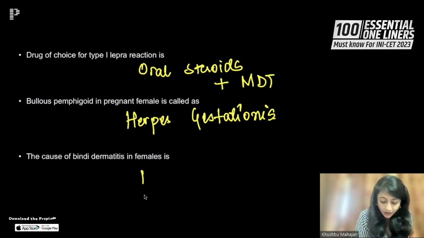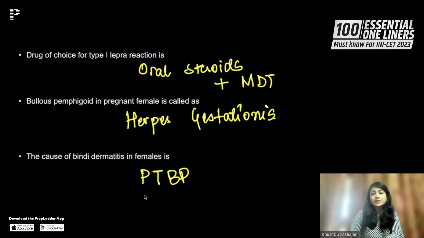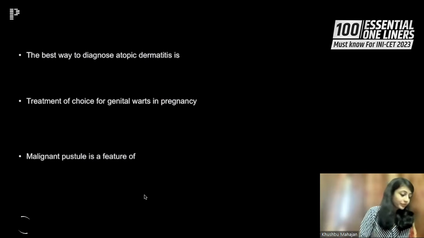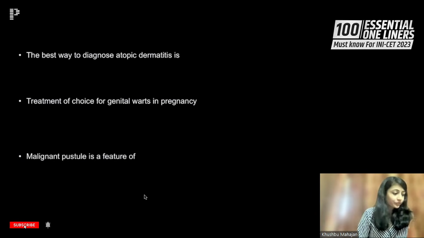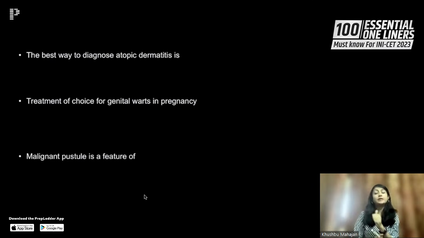It is para-tertiary butyl phenol. What is it for hair dye? Answer me quickly. The chemical responsible for hair dye is? PPD. Absolutely right. For hair dye, it's PPD. For bindi, it is PTBP.